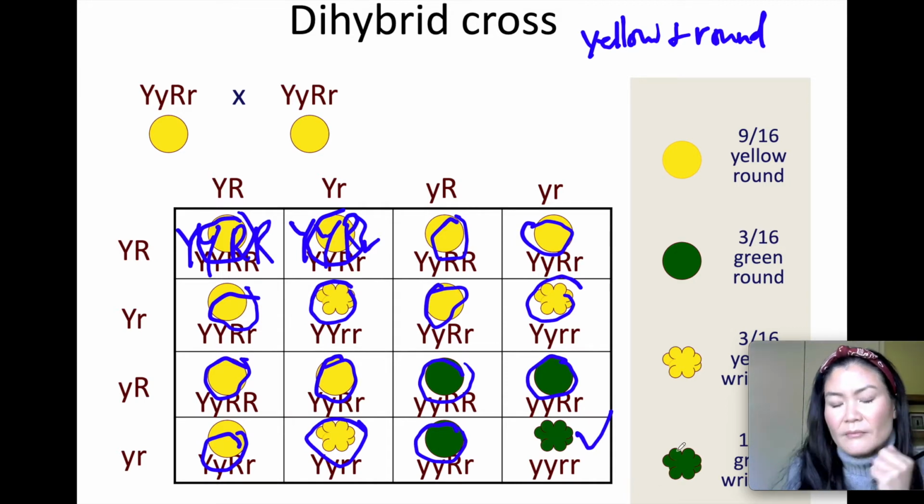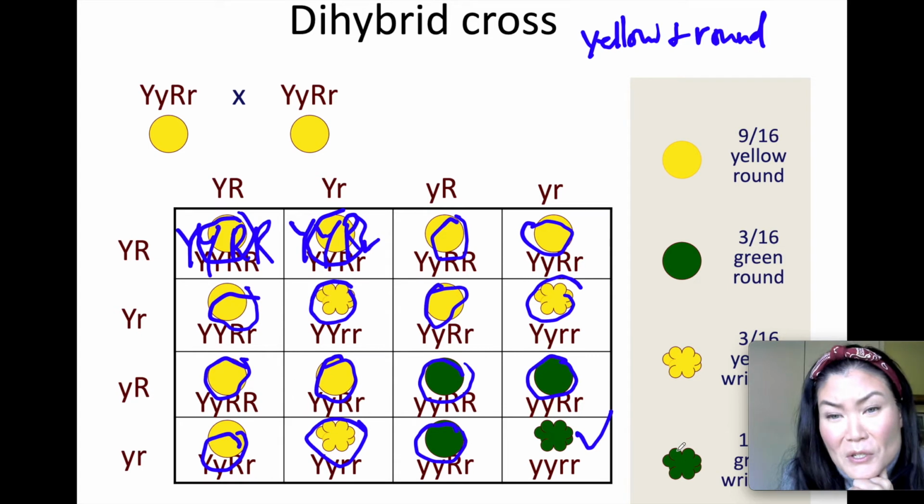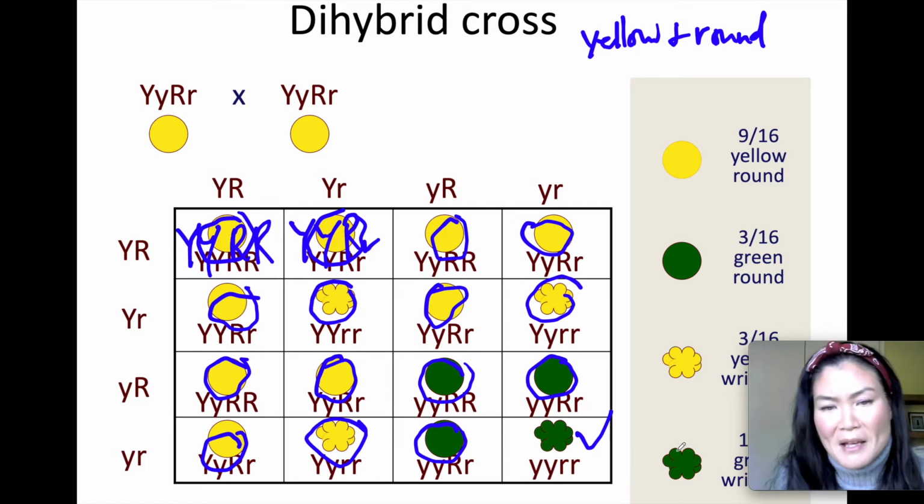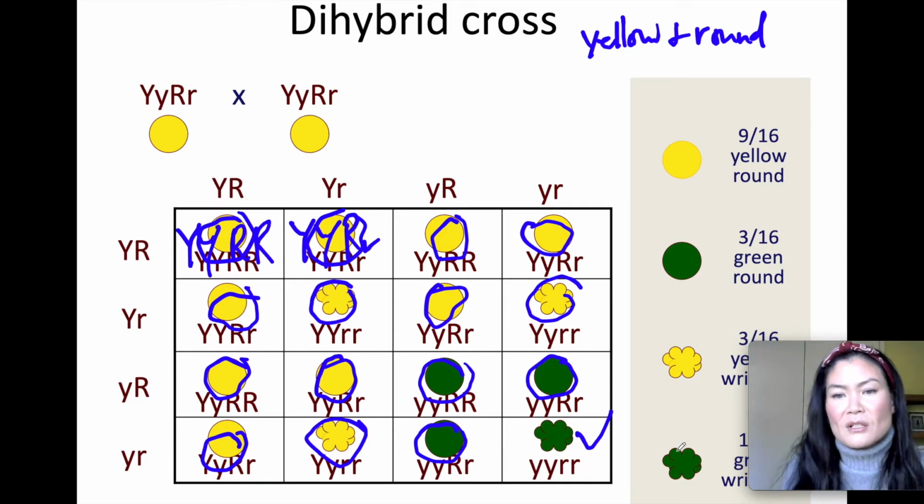Okay? So this is what you would do for a dihybrid cross in terms of the Punnett square. But guess what? There's a way, way easier way to do this. On the AP exam, you don't have time to draw this massive dihybrid cross, 4x4, 16-square Punnett square, okay? There's a lot easier way.